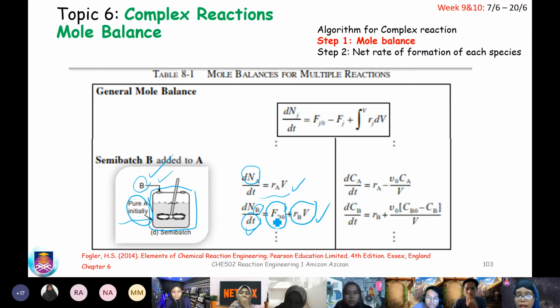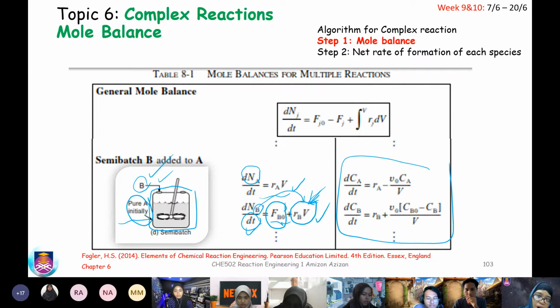It depends on the initial and whatever is existing before. Of course, when we are relating to B, then it has to be B there. Same thing goes here, simply the re-expression of the number of moles to concentration.